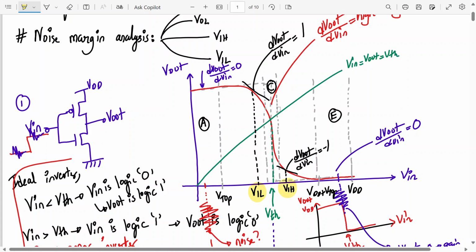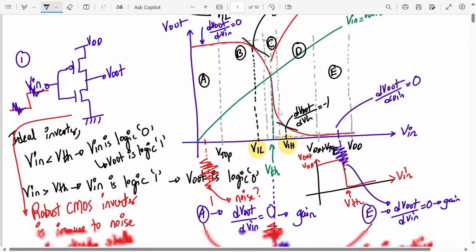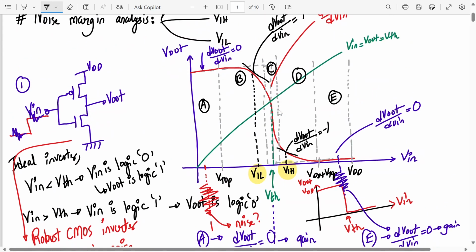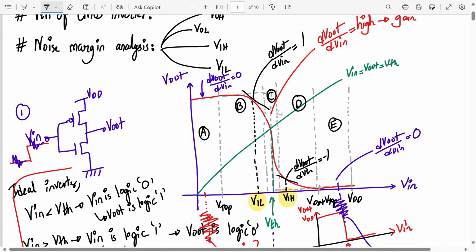So this becomes my region number B, and this becomes my region number D. Okay, so these are the two boundaries. Let me draw it again if you want. I hope you are following this now. So whenever dV out by dV in is equal to -1, whenever the gain becomes -1, it will not amplify the noise, it will attenuate the noise.